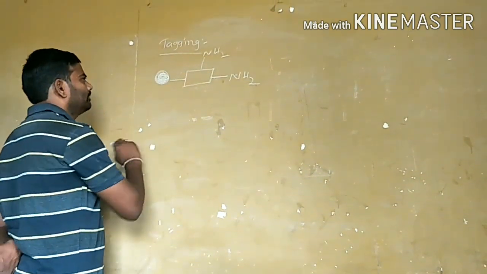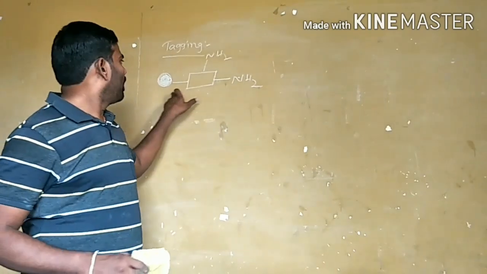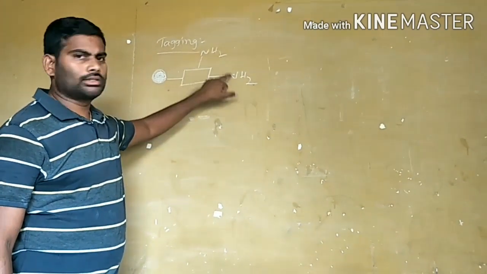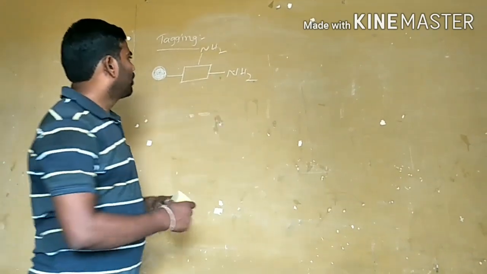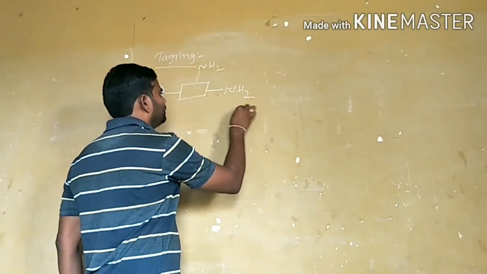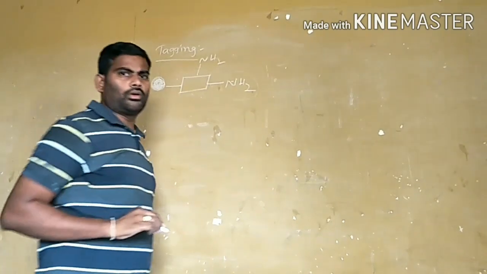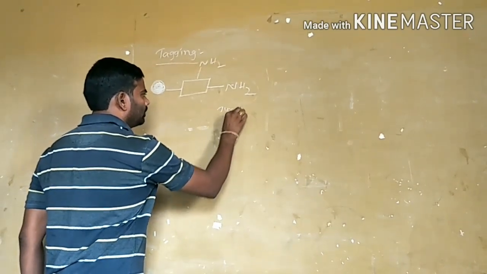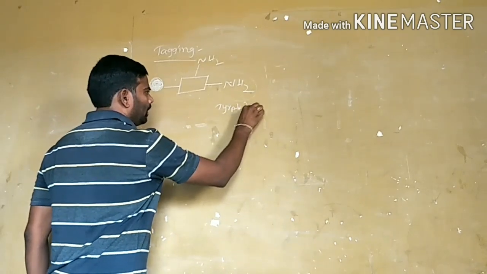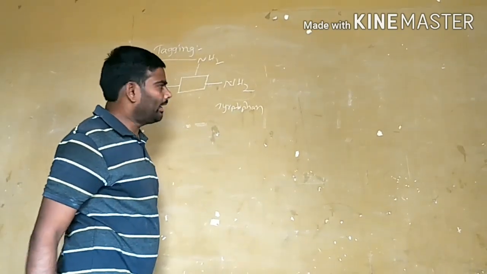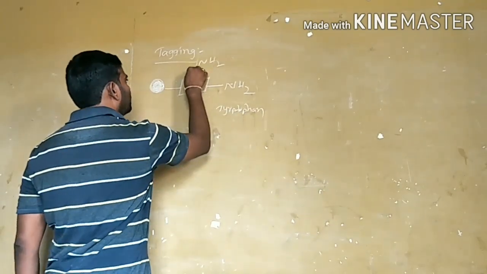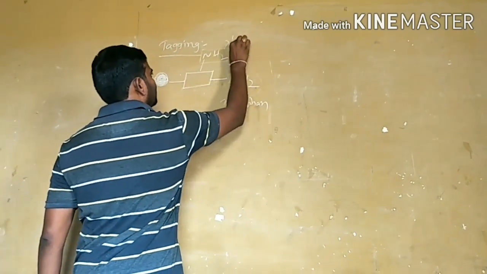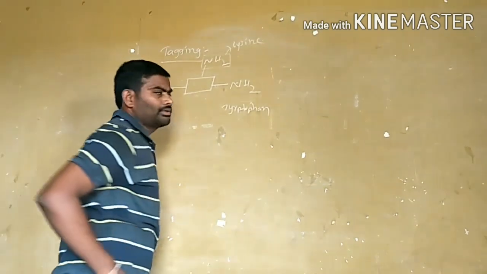In the molecular tag, one end is the tryptophan amino acid end, and the other end is the lysine amino acid end.